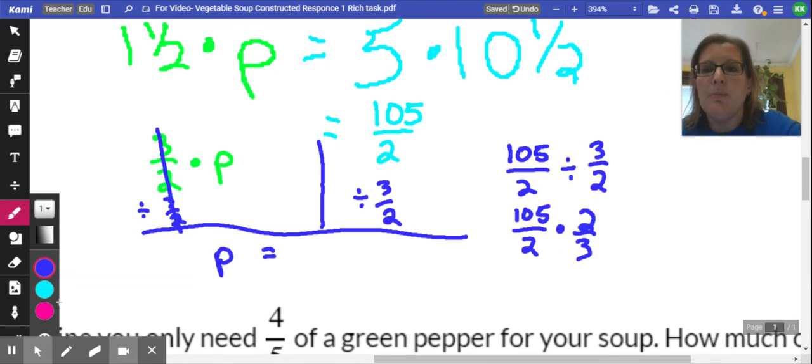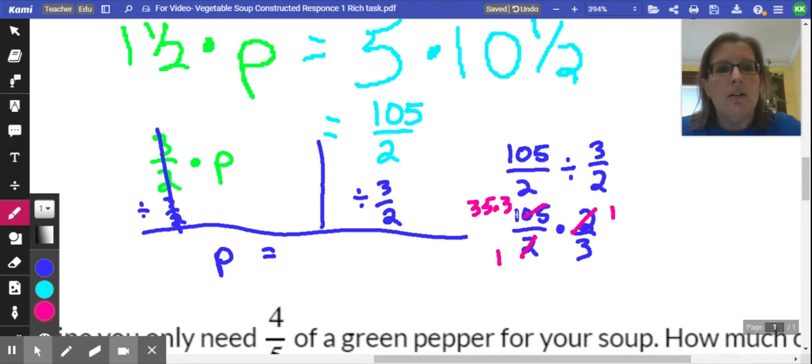Now I could just multiply like normal, but I see that there's some cross simplifying I can do. So I can cancel out my 2's, and my 2's become 1's. And I know that 105 is the same thing as 35 times 3. So I can also cross simplify this way and cancel out my 3's to get 1's.